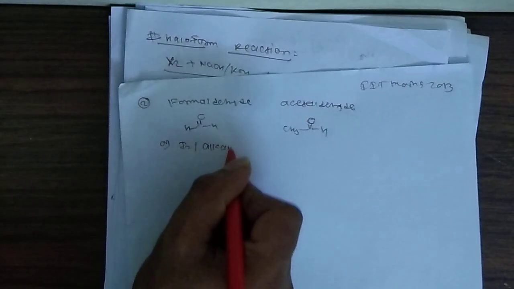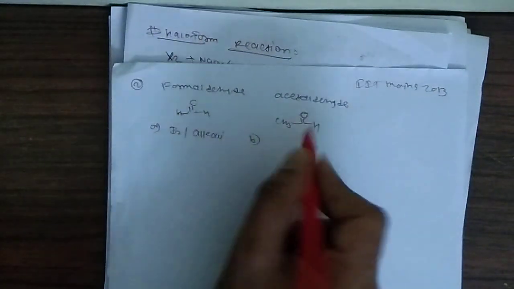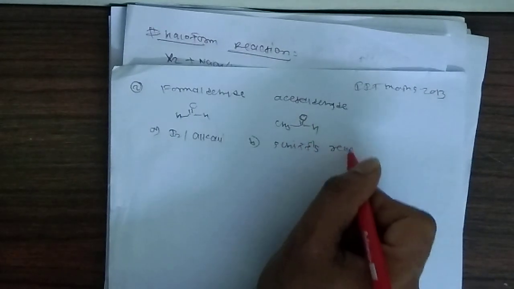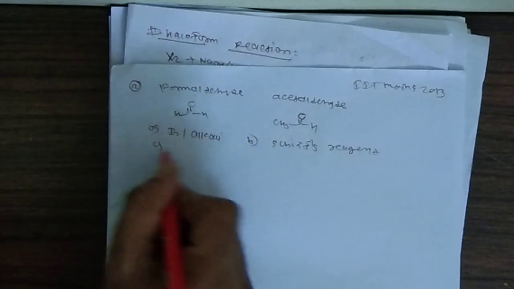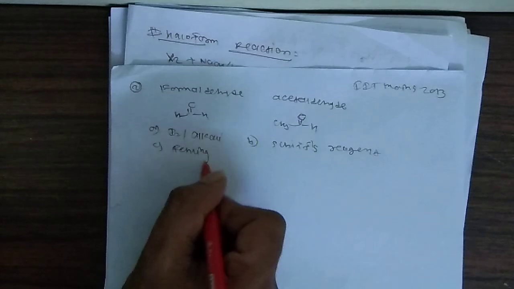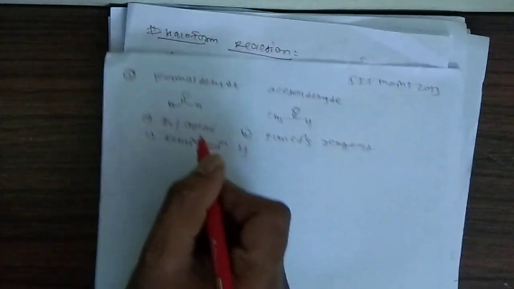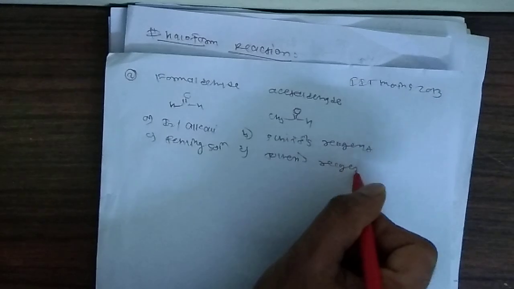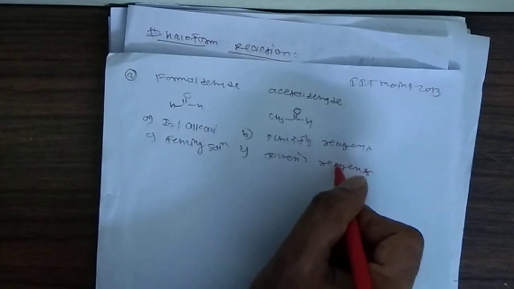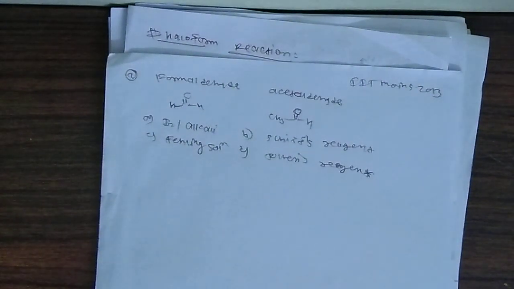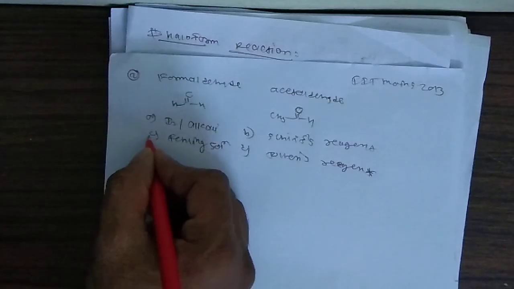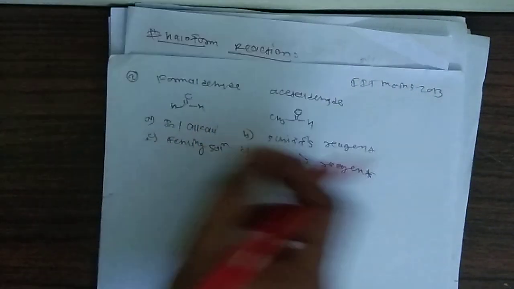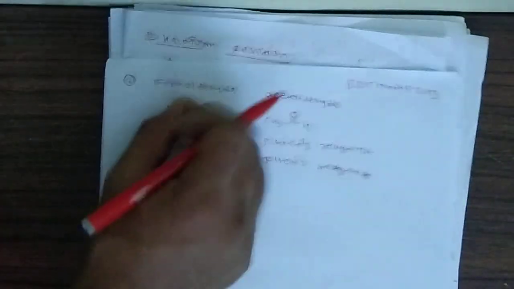The options given are: A, I2 and alkali; B, Schiff's reagent; C, Fehling solution; and D, Tollens reagent. If you see here, Fehling solution is used for aldehyde, so it will react with acetaldehyde and formaldehyde also.